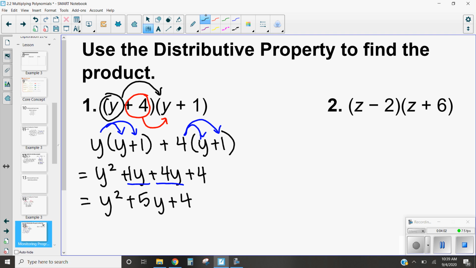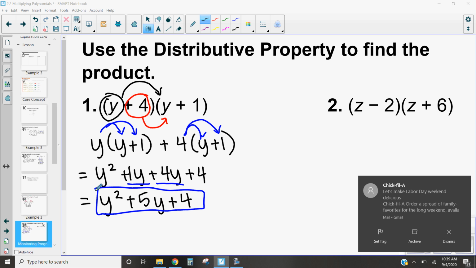And then I ended up with the solution of y squared plus 5y plus 4. Now, I want you to take a look at this second example. We're going to do the same thing here, just like we did before. So pause the video, try the second example on your own, unpause the video, and see if your solution matched with mine. Remember, if you have any questions, feel free to reach out to me at any point in time.